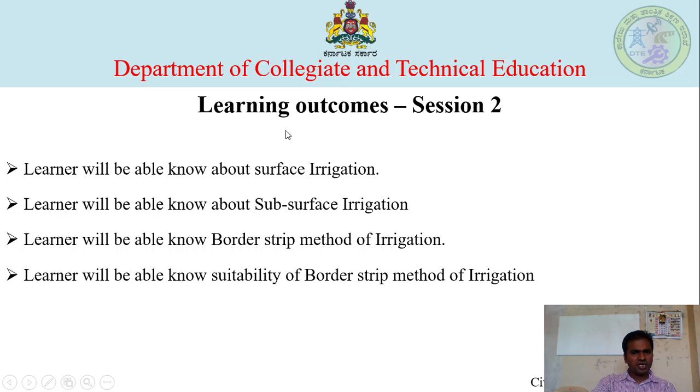After completion of this session, the learner will be able to know about surface irrigation, subsurface irrigation, the border strip method of irrigation, and the suitability of the border strip method of irrigation.